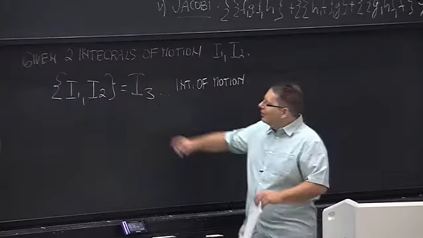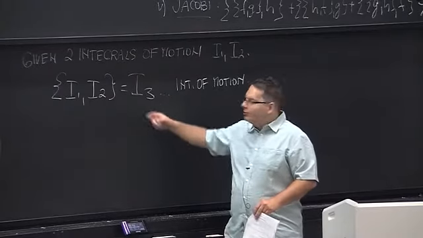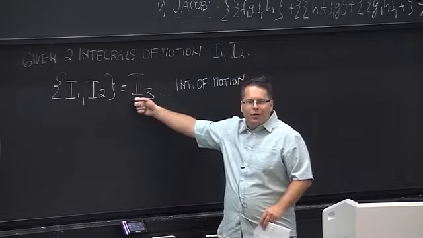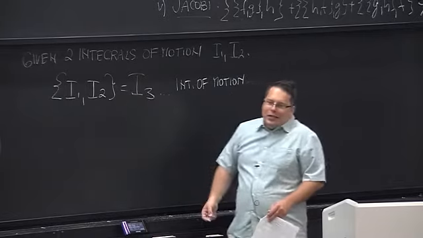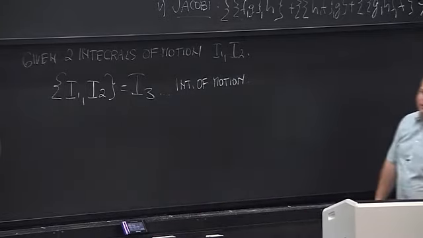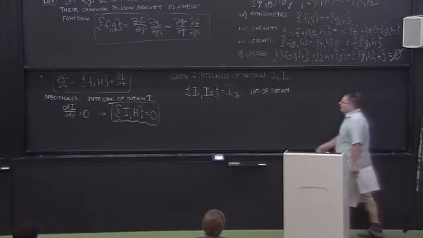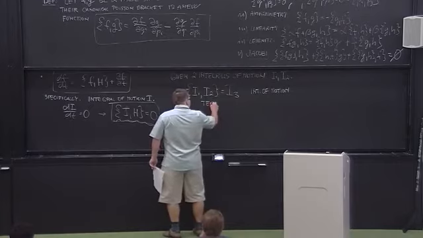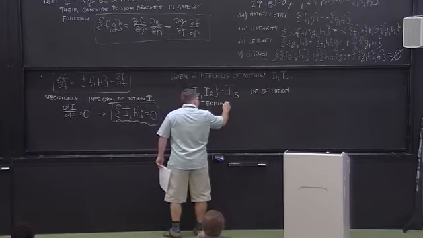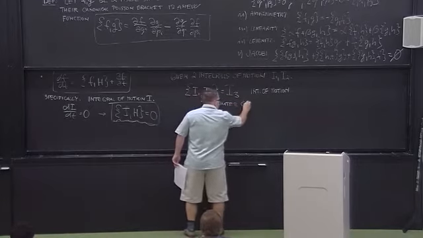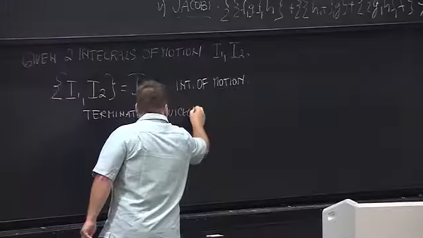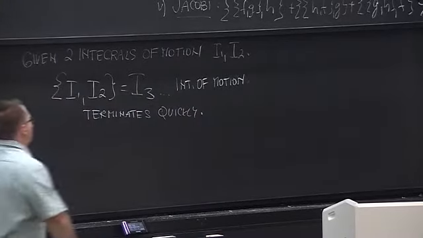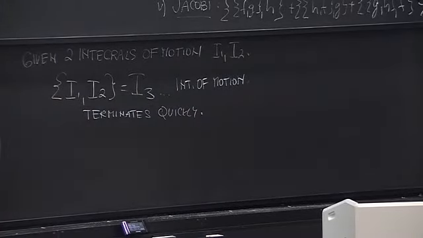You actually find that most of the integrals do Poisson commute, so you get 0 here. And 0 is an integral of motion, but it's not a very helpful one. Okay, so typically it terminates quickly.